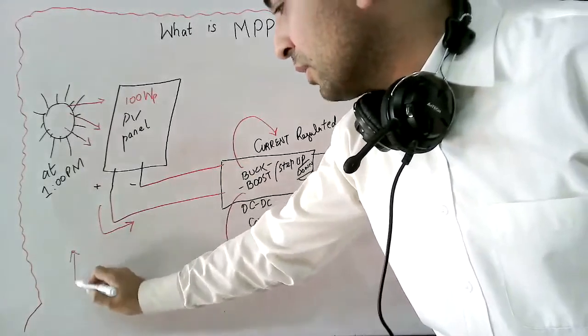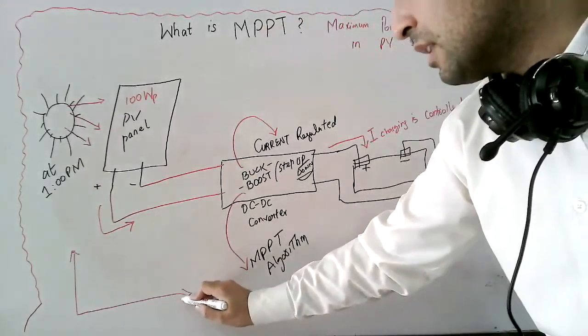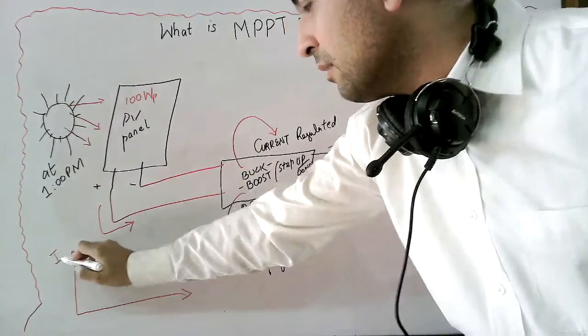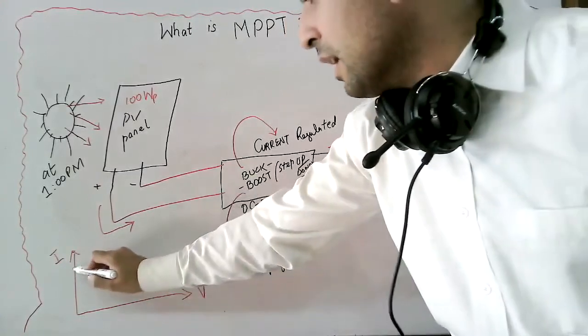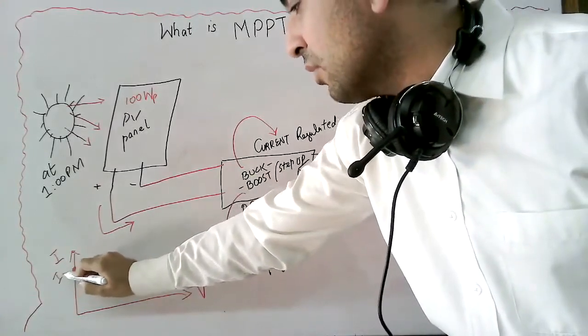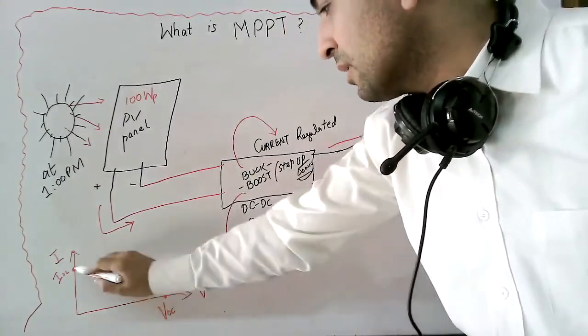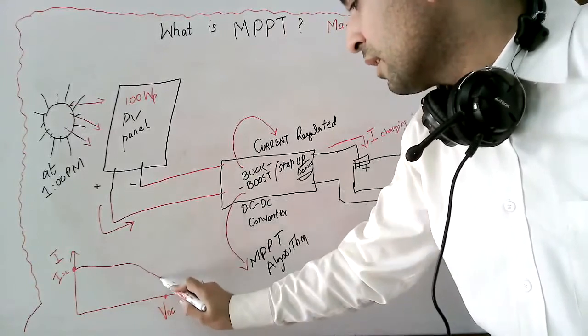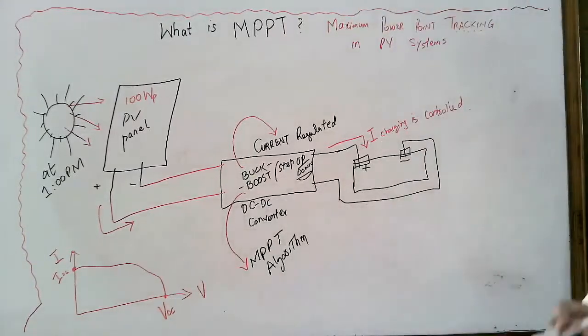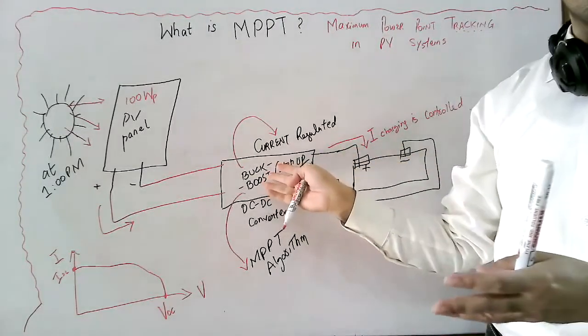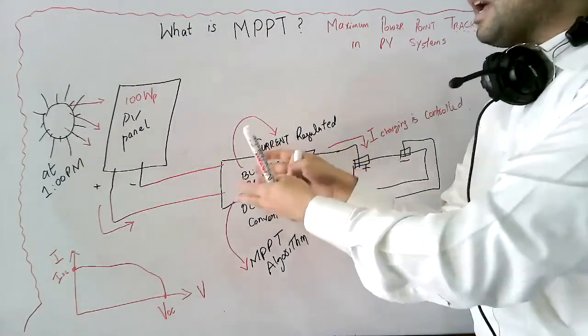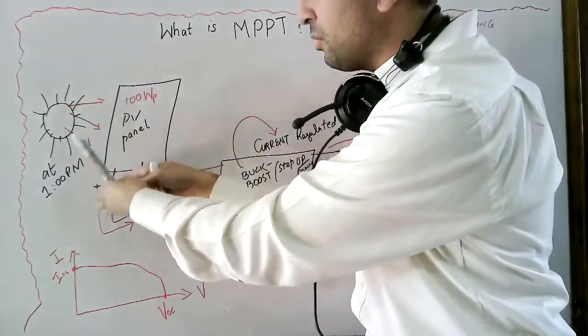As I told you, we have just seen the IV curve, and there was a point which was I short circuit, and here we had a point which was V open circuit, and we have such type of IV curve. Now what happens? This buck boost converter behaves as a variable load to this solar panel.